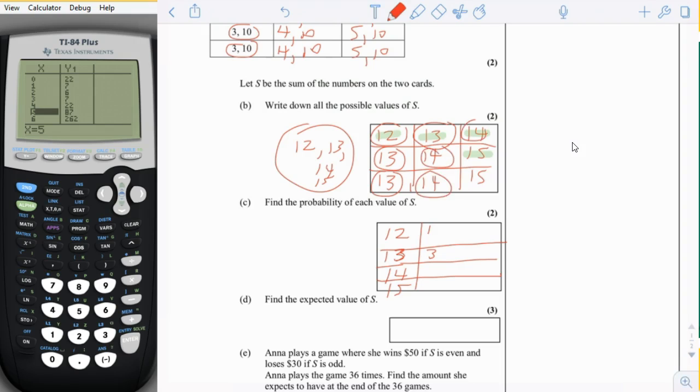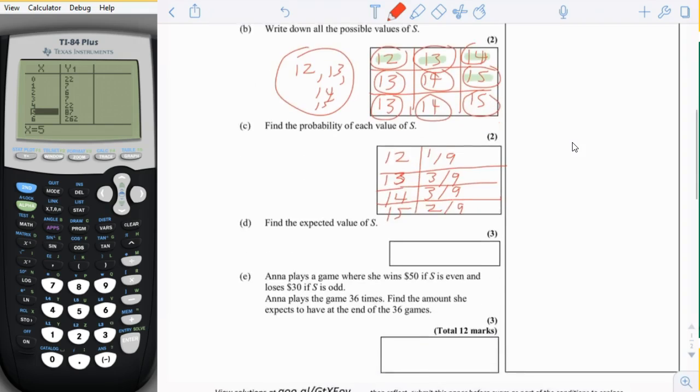How many 15s are there? 1, 2. Okay. And how many possibilities total are there? There's 9 here, right? So I'm going to divide each one of these by 9 to get the probability. 1/9, 3/9, 3/9, and 2/9. Those are the 4 possible outcomes with their corresponding probability. Notice 13 and 14 have a much larger chance of happening than 12, for example.